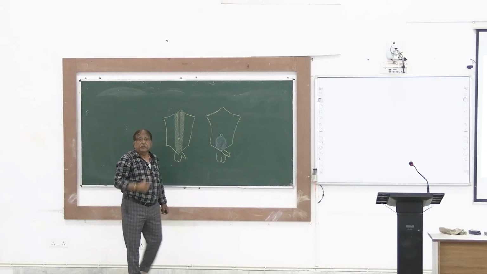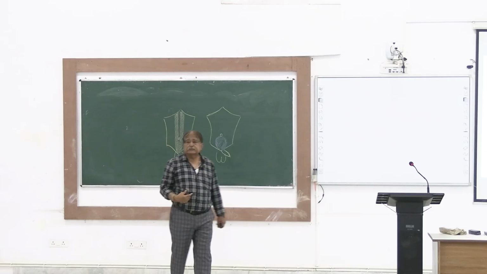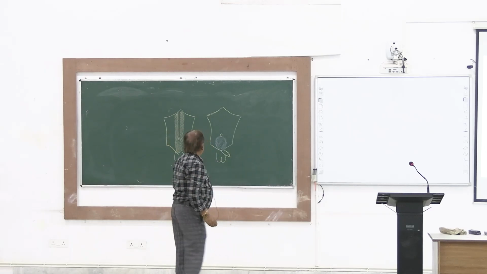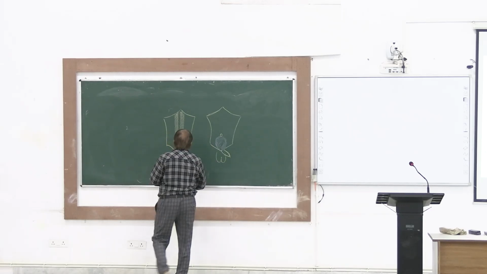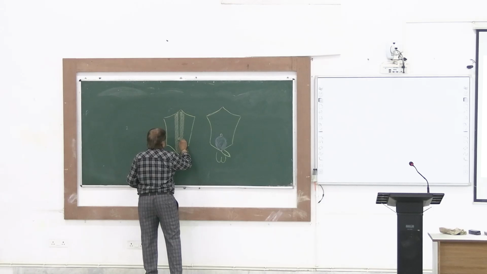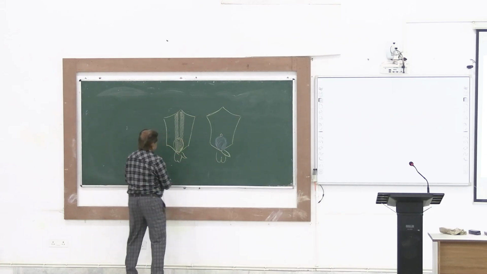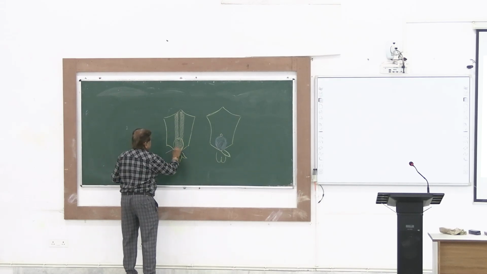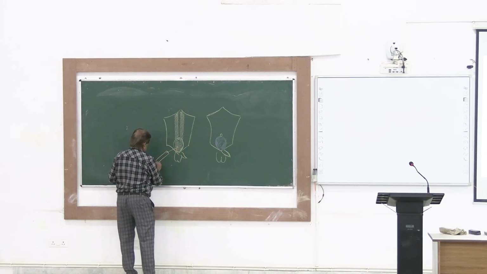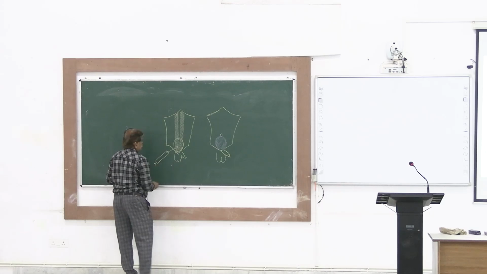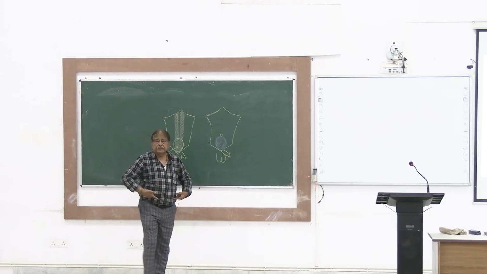These are the two strap muscles of the rectus abdominis. Now, what you do, for the bladder, you have to infiltrate xylocaine. You just infiltrate around.